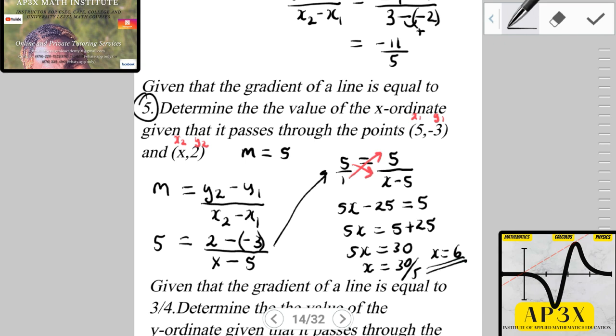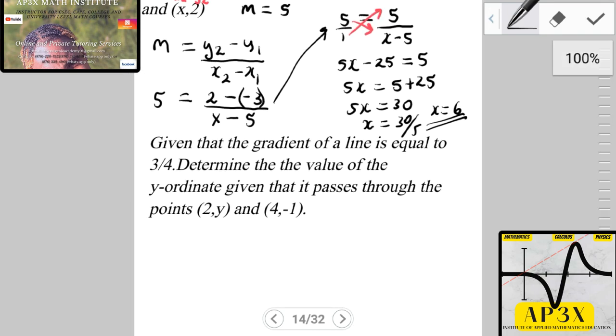Really nice improvised question here using the gradient formula. It comes up a lot. You cannot really put anything past CSEC. You have to be prepared for all variations of questions, and this is just one of many that is coming up in this particular tutorial.